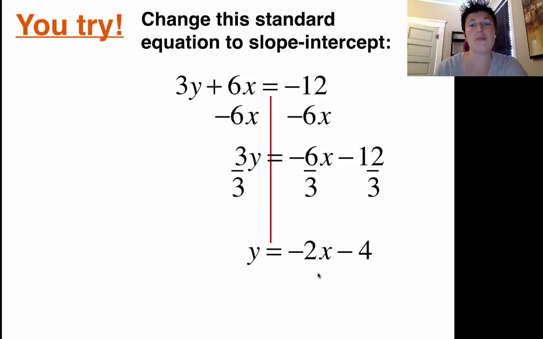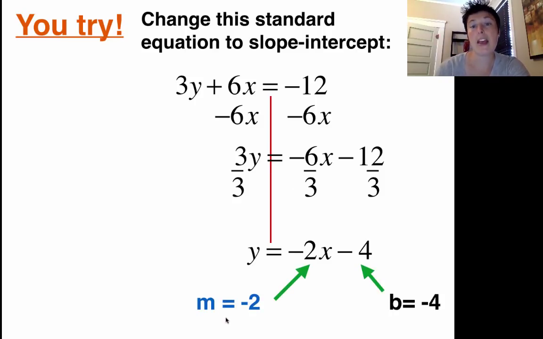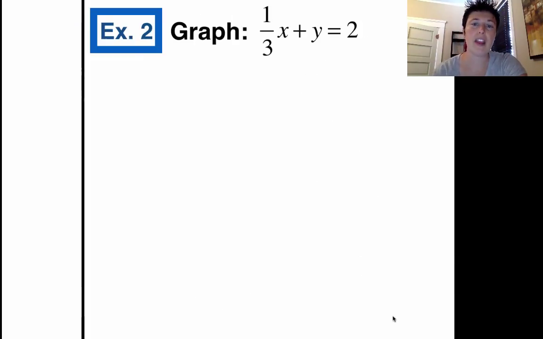So you're going to get y equals -2x minus 4, which I hope is what you got also. If not, go back through your work, figure out where the mistake is, what went wrong. Here's your y equals mx plus b. So I'm going to label my m value as -2 and my b value as -4, and hopefully you were able to graph it.